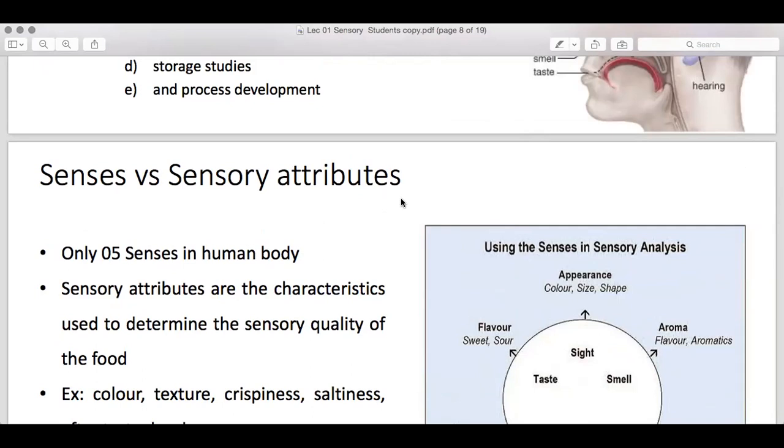How many sensory attributes do we have? Piyumi, Prabhashi? How many sensory attributes do we have? Prabodhani, give me an example for a sensory attribute. Prabodhani, are you there?